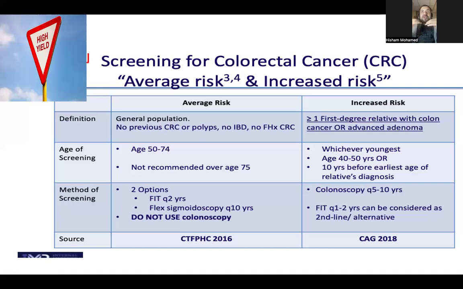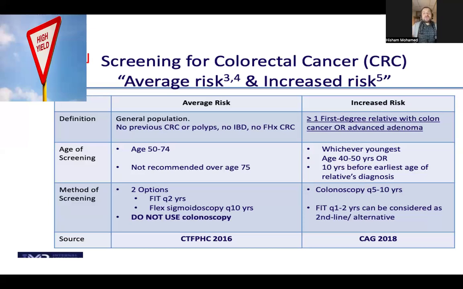If we have a patient whose brother has colorectal cancer, and the brother's diagnosis was at 60 years old, you have to screen the patient 10 years before this diagnosis, like 50.